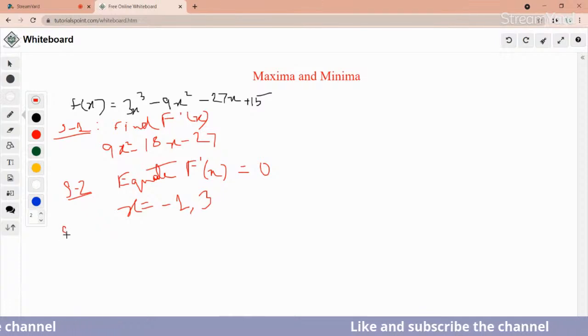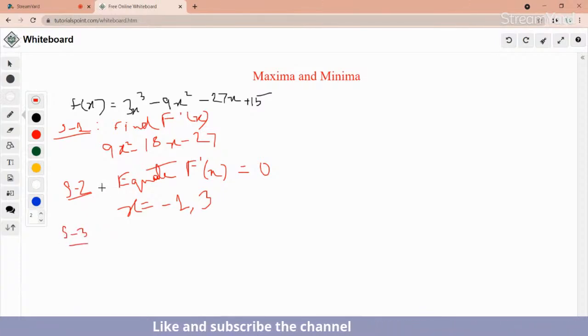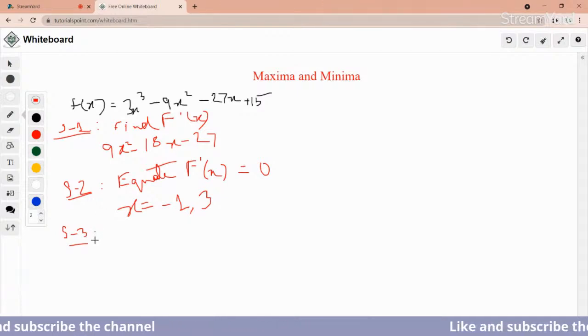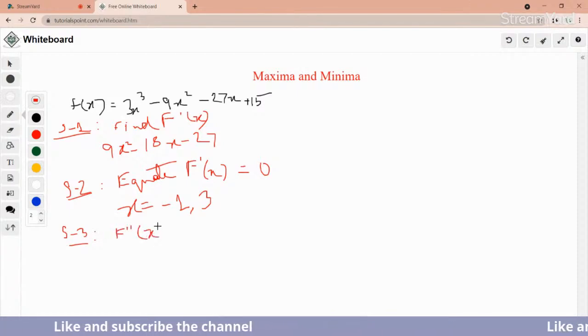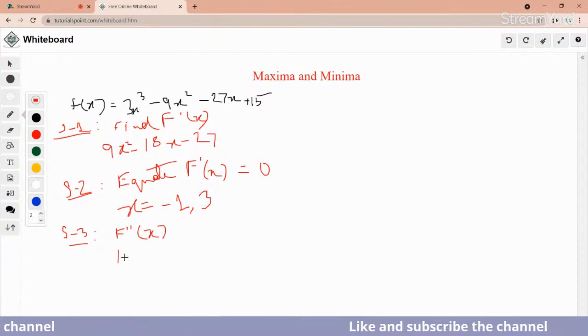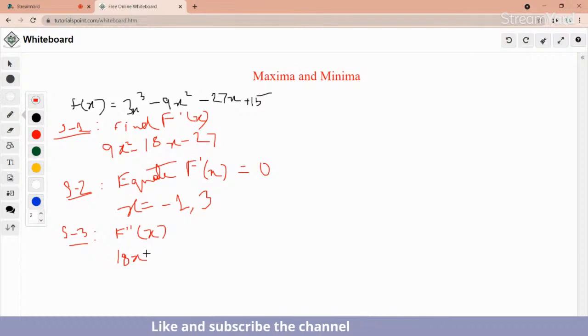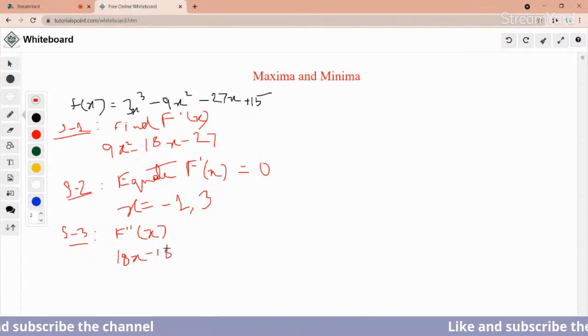Finally, step 3. Find the second derivative. On finding the second derivative, what we will get is 18x minus 18.